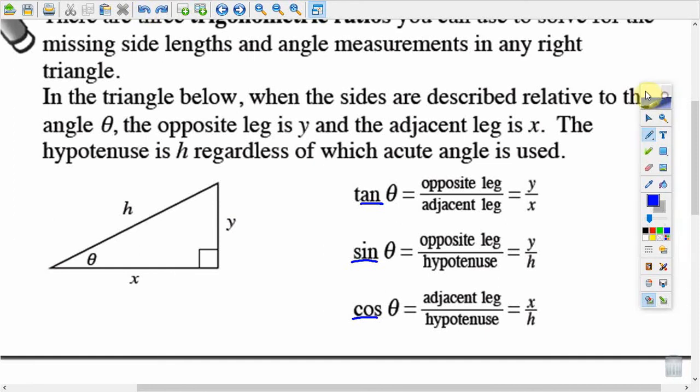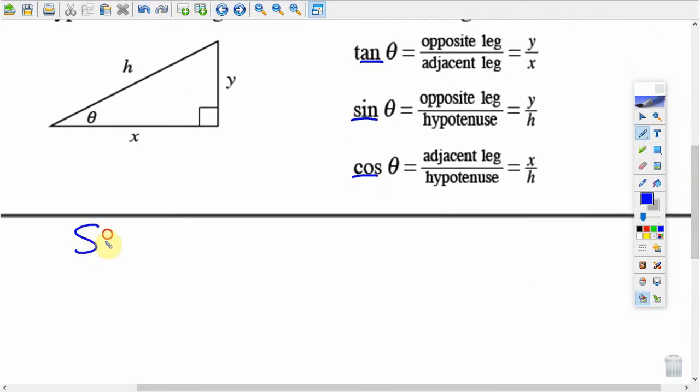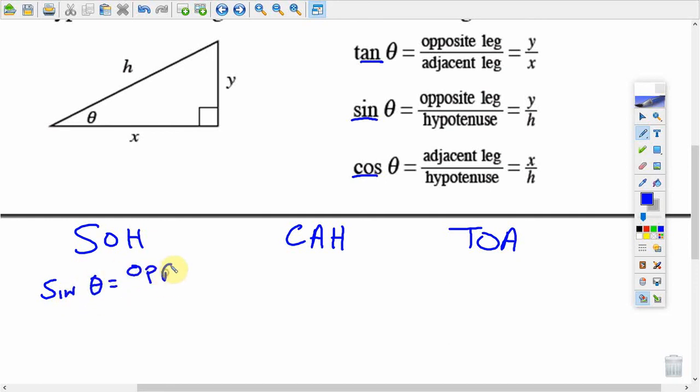So when we last talked about this, you probably recall learning Sohcahtoa. And just to remind everyone what those stand for. So stands for sine of theta equals opposite over hypotenuse. The ka part was cosine of theta equals adjacent over hypotenuse.